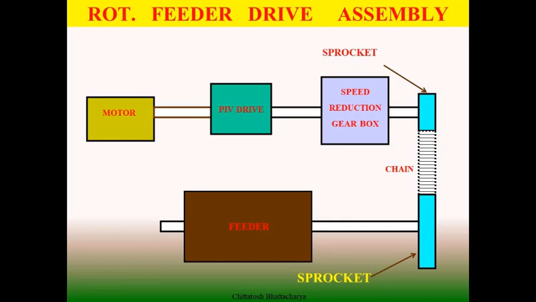The non-driving end sprocket is attached to the feeder, and the driving end sprocket is attached to the speed reduction gearbox. This gearbox is attached to the PIV drive. PIV drive is nothing but a positively infinitely variable drive where the speed is changing steplessly.